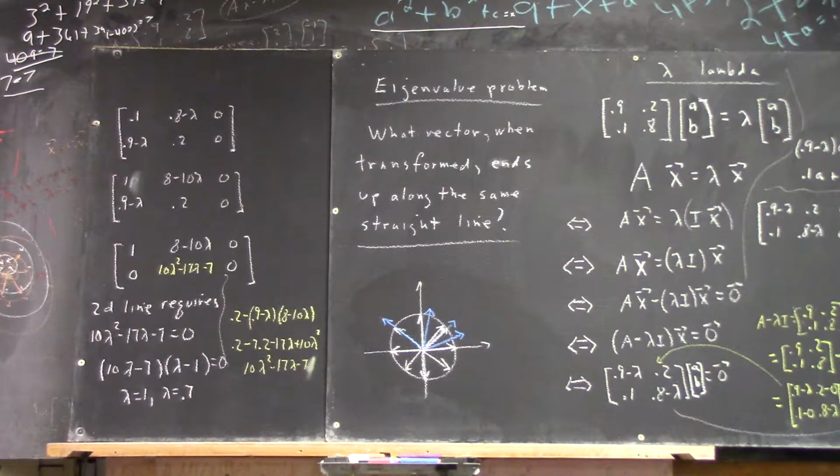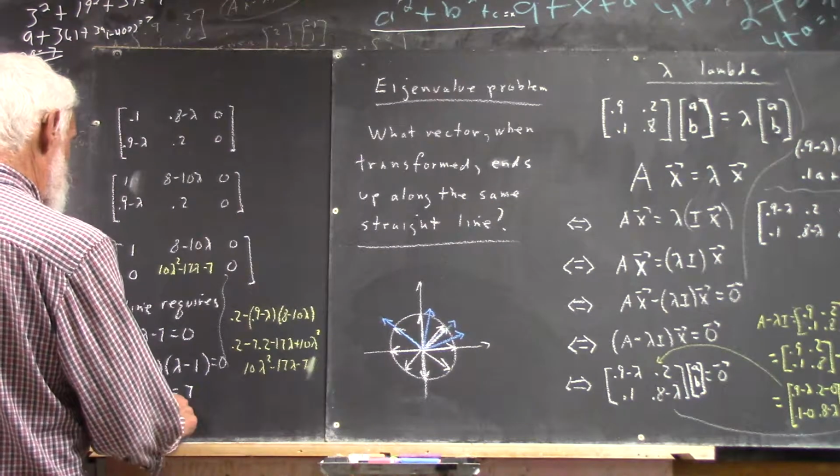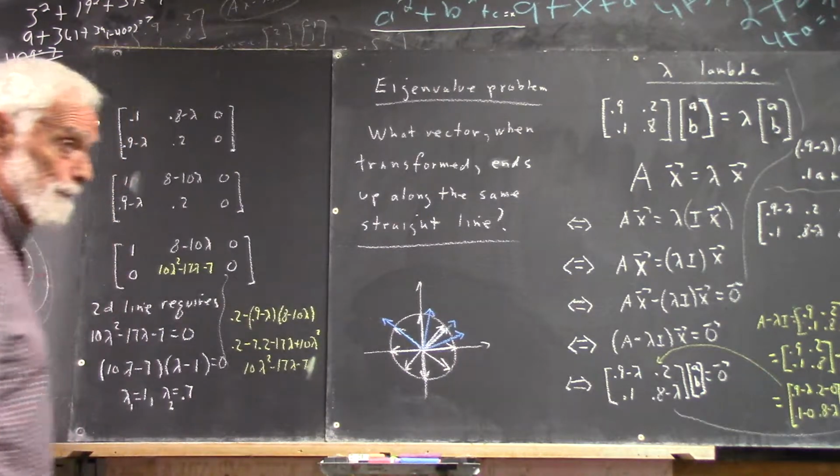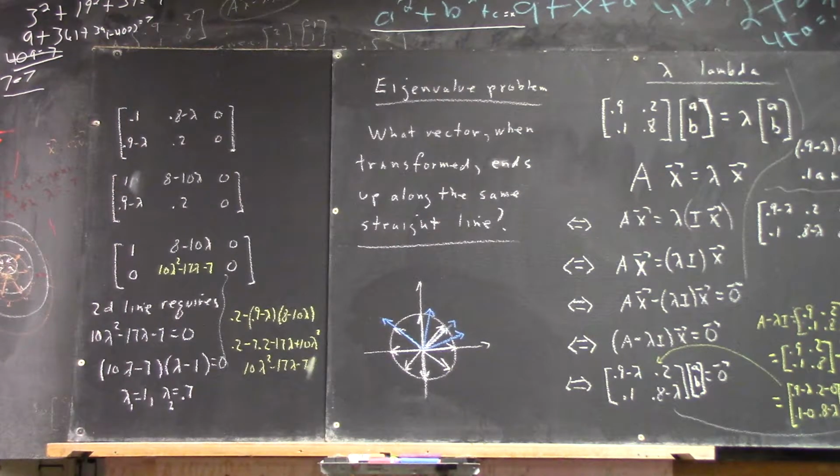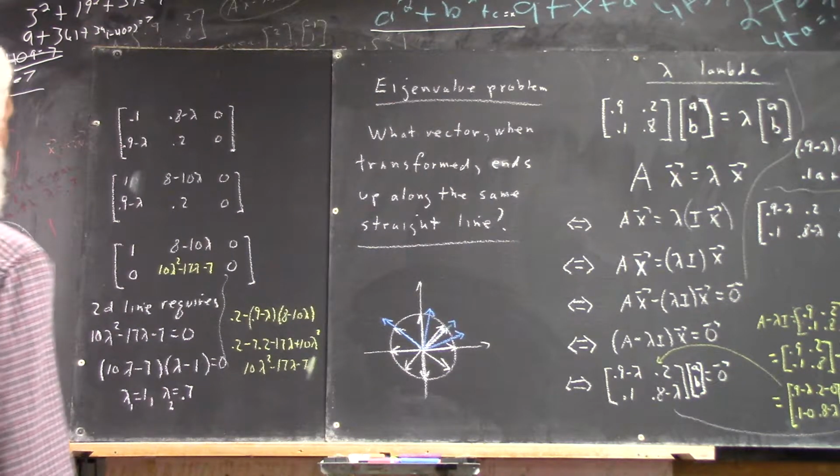So if lambda is 1, it works. If lambda equals 0.7, it works. So let's say lambda 1 equals 1, lambda 2 equals 0.7. Okay? And these are called my eigenvalues.